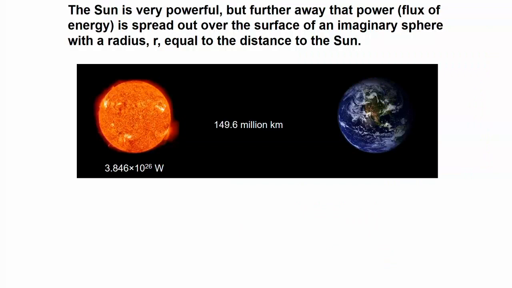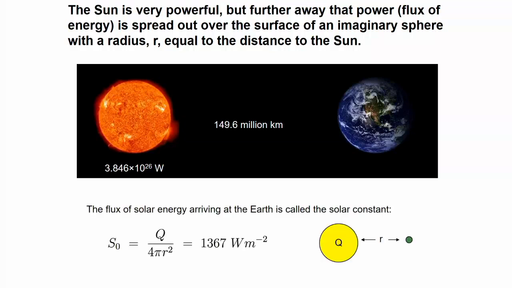lots of energy, it's very big, but it is a long way away. So the energy that we receive at the Earth from the sun is effectively spread out over an enormous sphere whose radius is the distance between the Earth and the sun. So we're basically diluting the energy flux from the sun by spreading it out over a huge area.